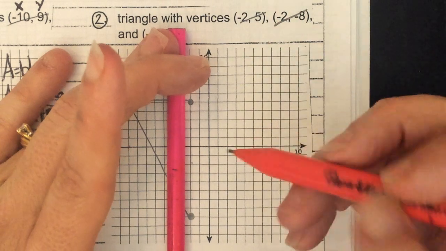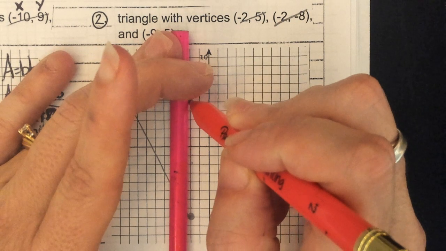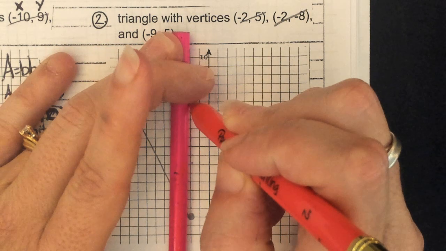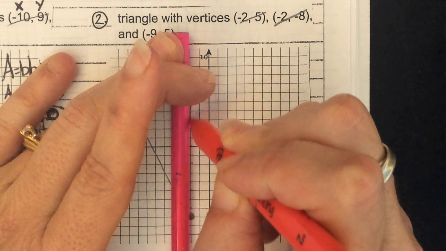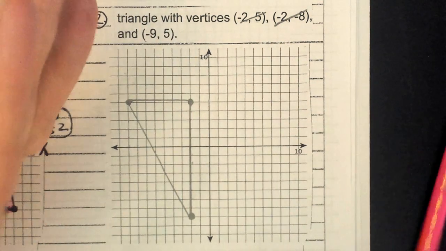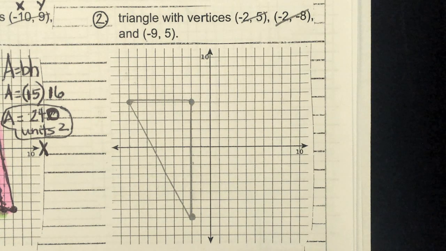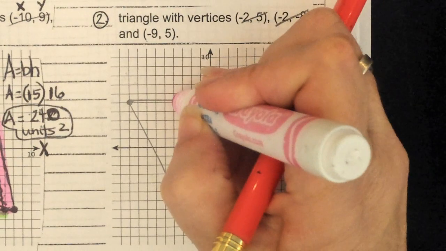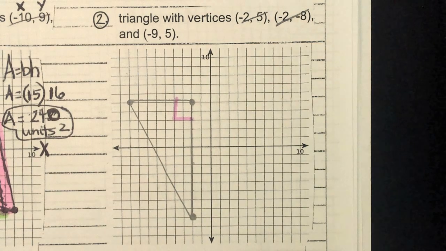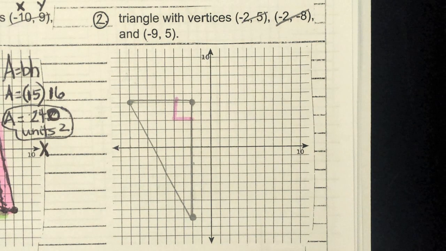And then when I connect these two, they're in a straight line. All 6th grade triangles should have what I call just the perfect 90 in a corner somewhere. That perfect 90 degrees.